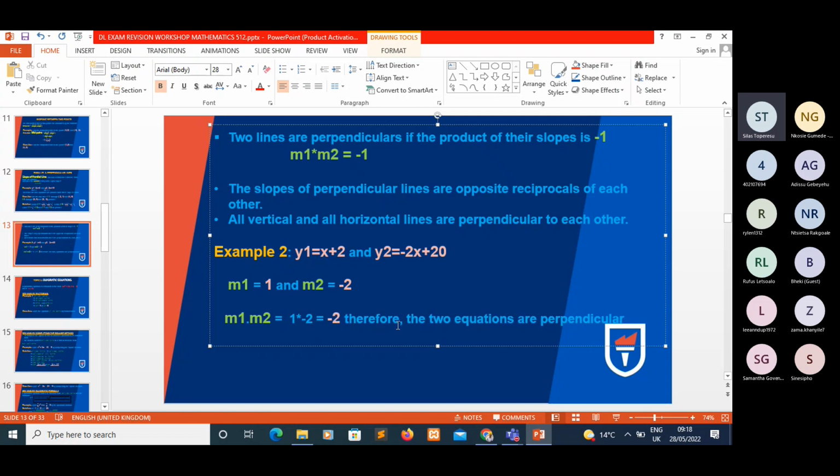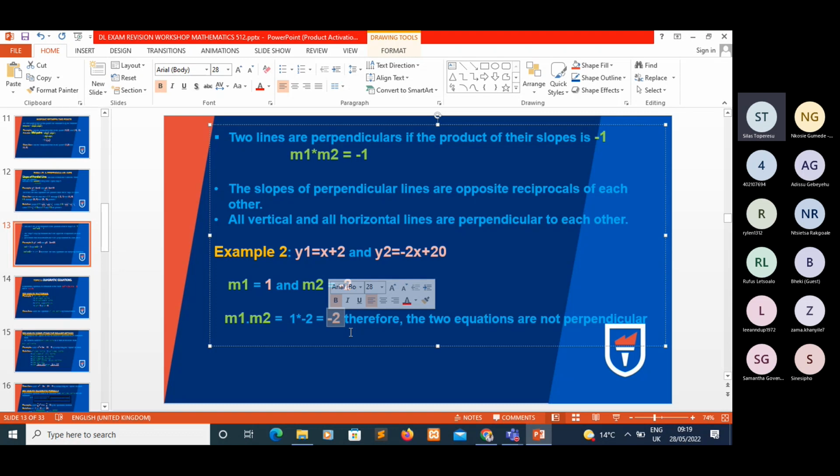So in this case, the equations are not perpendicular anymore. Now I can conclude that the two equations are not perpendicular. Why? Because their multiplication gives me -2, which is not -1. Perpendicular equations, when you multiply their slopes, must give you -1.